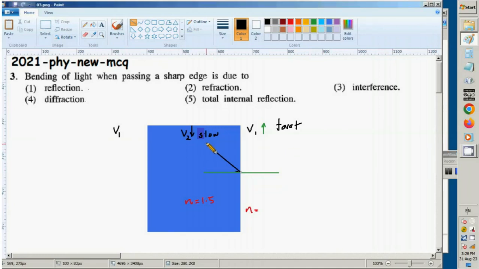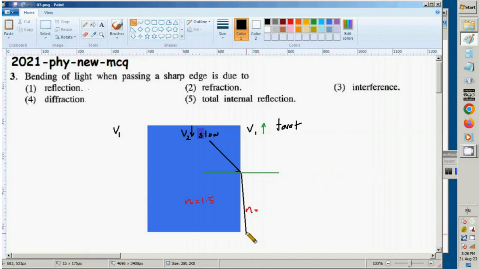say like this, if we increase this angle, it was earlier smaller like this, now we increase this angle. So what happens, the emergent ray, it was leaving like this earlier, now it bends further towards this boundary.